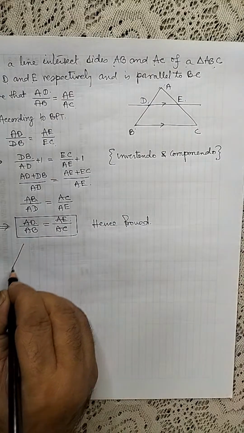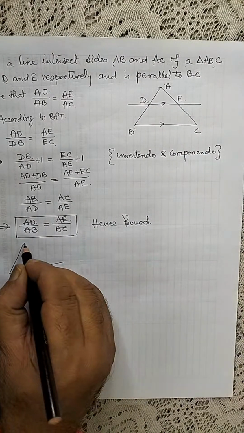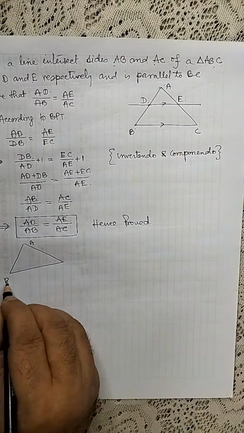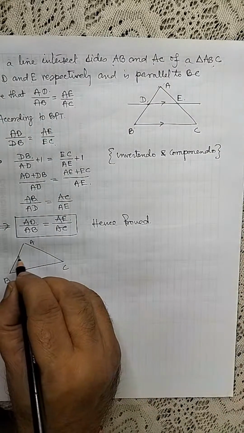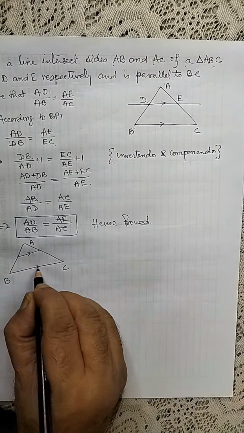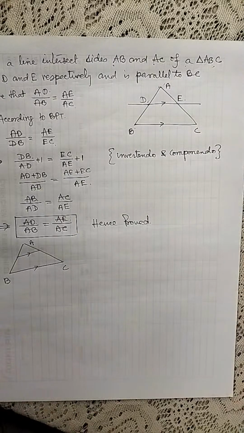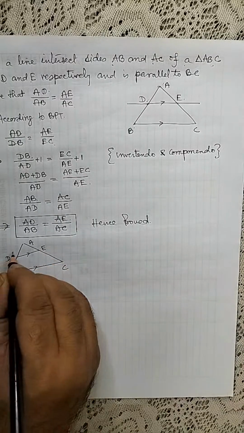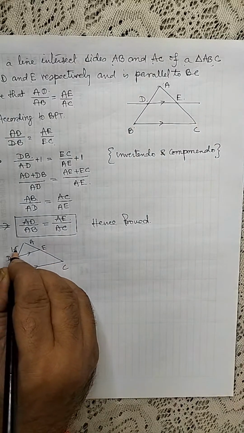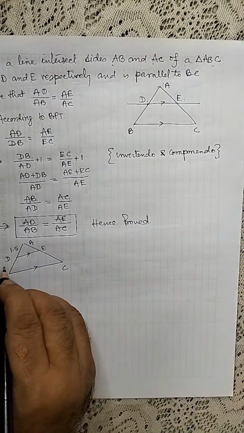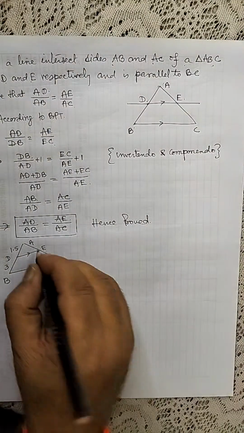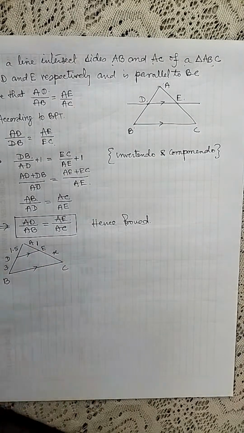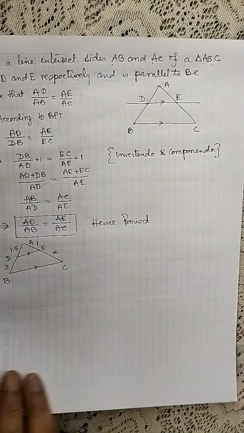Clear? Let me see another problem quickly. I have a triangle, say ABC, and this line DE is parallel to BC. This is 1.5, this is 3, and this length is 1 unit. What is this length? You have to find x.